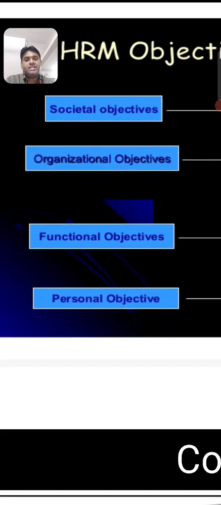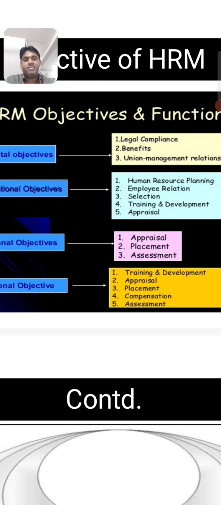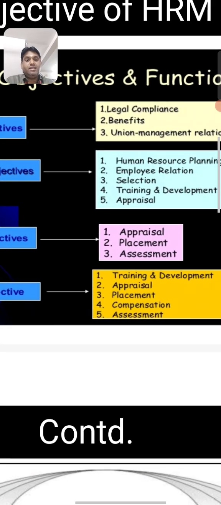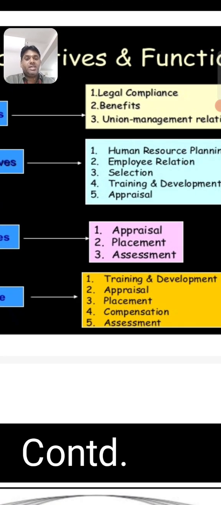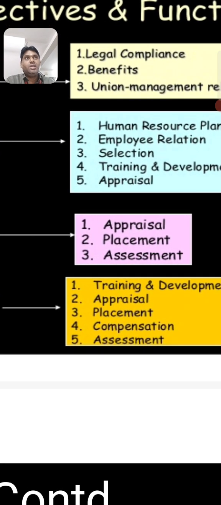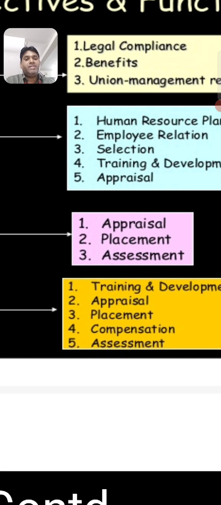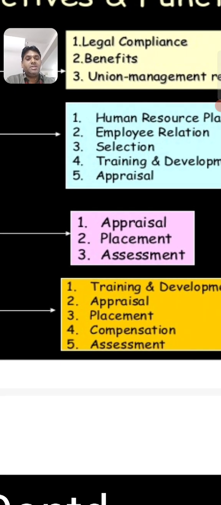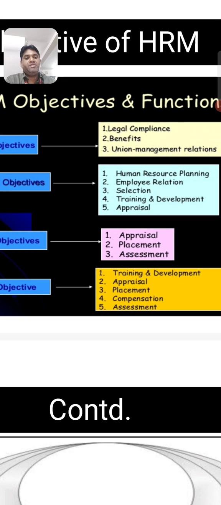Then the third one is the functional objective. Every organization has to run well. The same appraisal comes here, placement comes here, assessment comes here. This appraisal plays an important role. When every task is given, if there is no appraisal system, no employee can work efficiently and effectively.